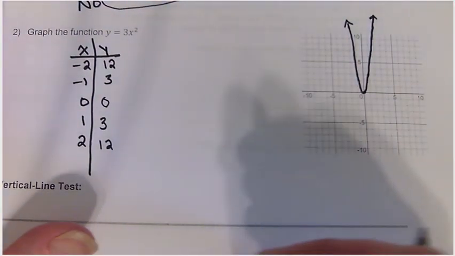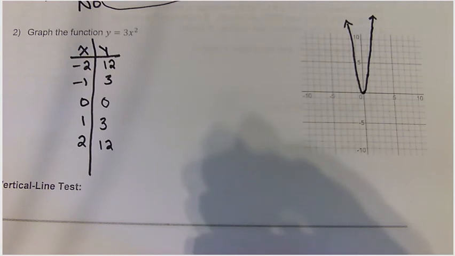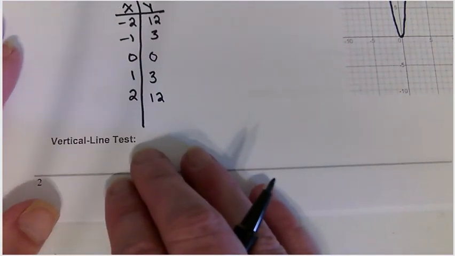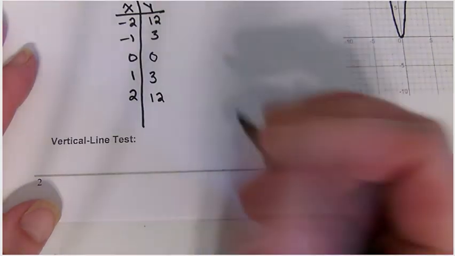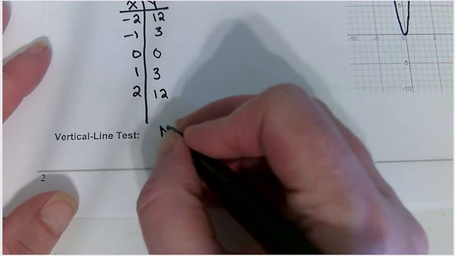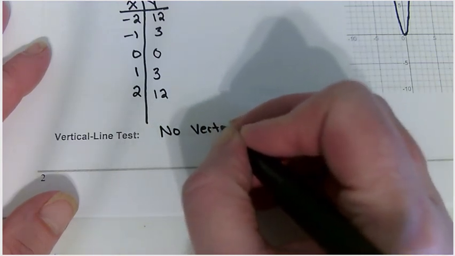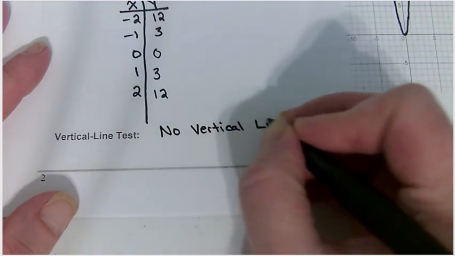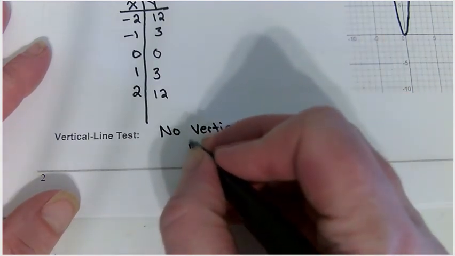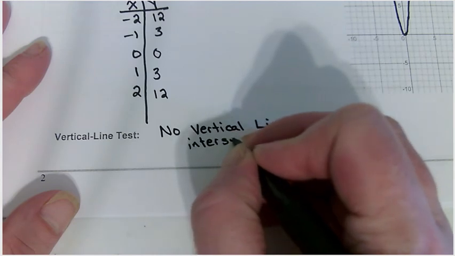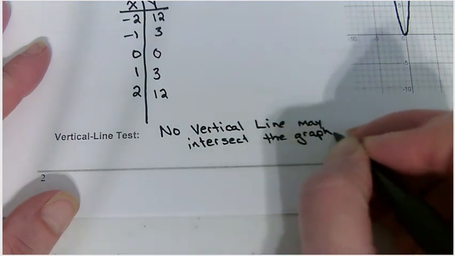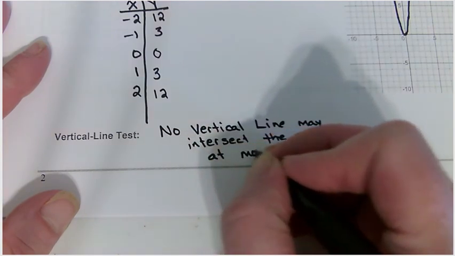Now, one way we can tell if we were given a graph that this is a function is something called the vertical line test. To pass the vertical line test, no vertical line may intersect the graph at more than one point.